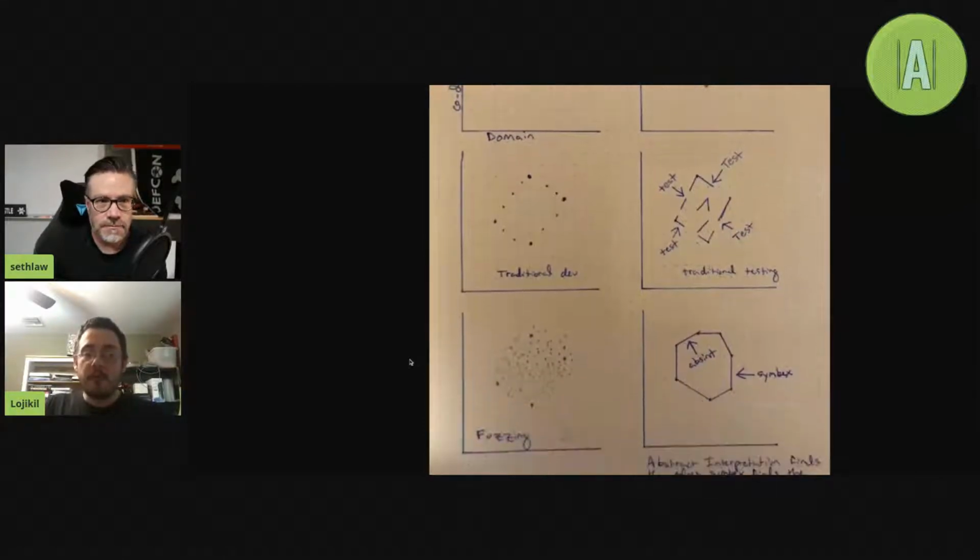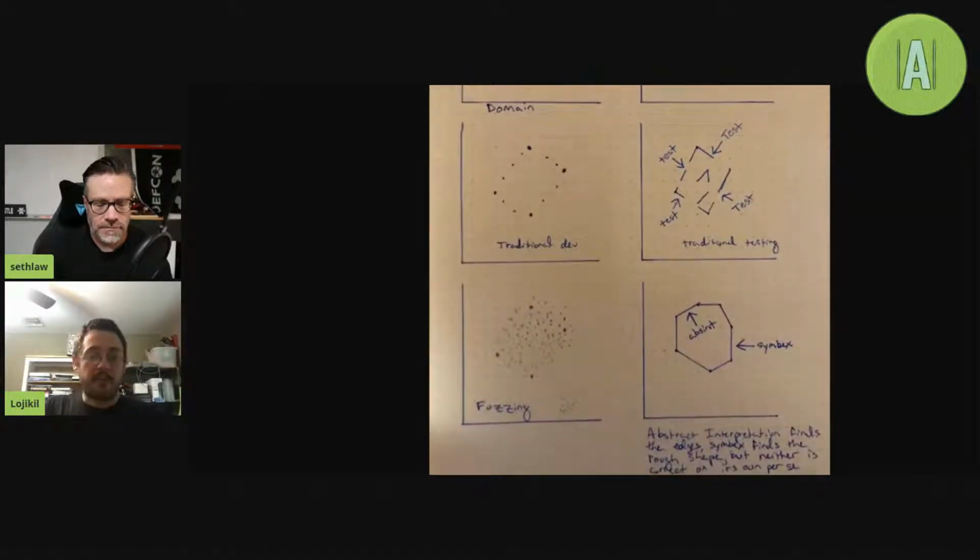And then there are different styles of testing that folks do. If you think about the traditional dev model in the late 70s, early 80s, the 90s, it's sort of like, yeah, I know exactly what I'm doing.